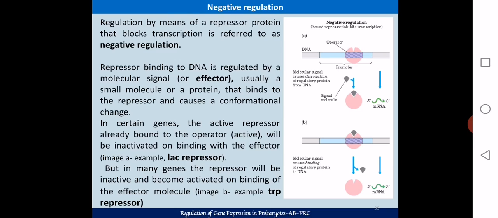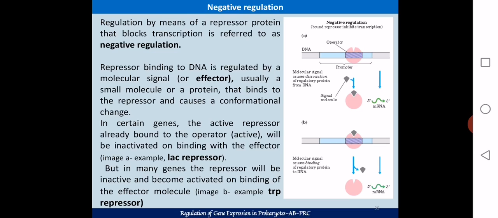You can have a lot of explanation for each class. We'll be seeing this briefly, as we have already seen the lac operon mechanism in detail, and that detailed explanation represents the negative regulation. Here there is a repressor protein which is synthesized by the lac I gene, that means the repressor gene.